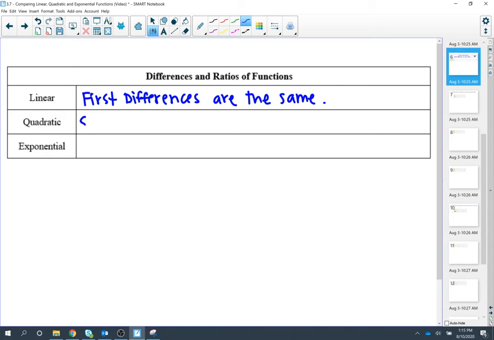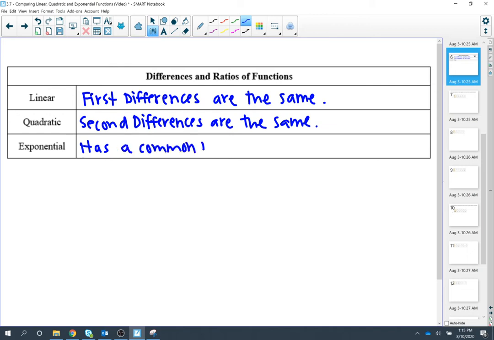If it's quadratic, second differences are the same. And if it is exponential, it has a common ratio. And again, if you forget what a common ratio is, we will go over that.